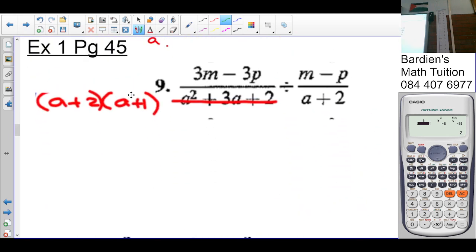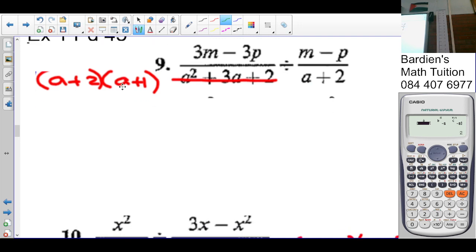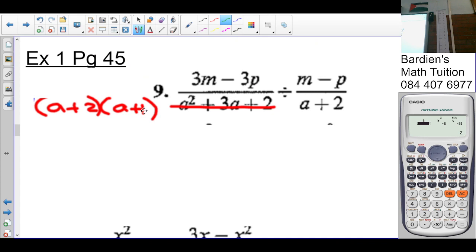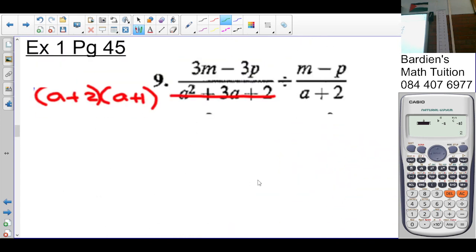Look at this one. Right. What can happen here? Shiloh, you finished? Are you looking here? Think quick.